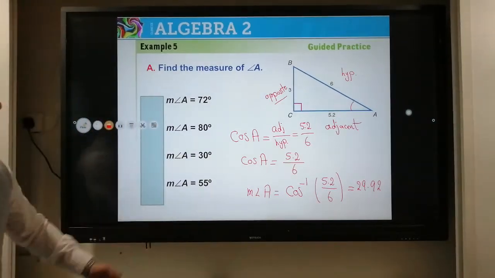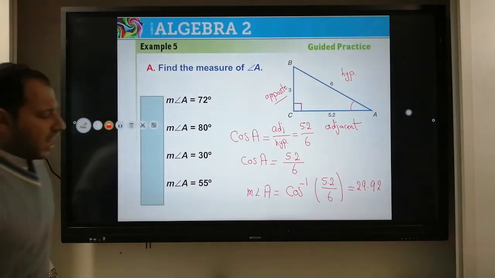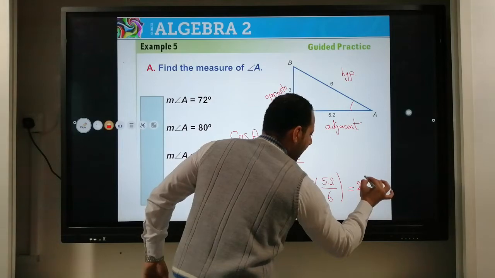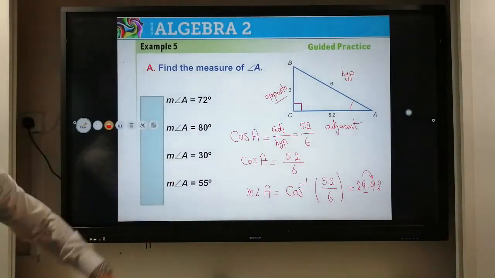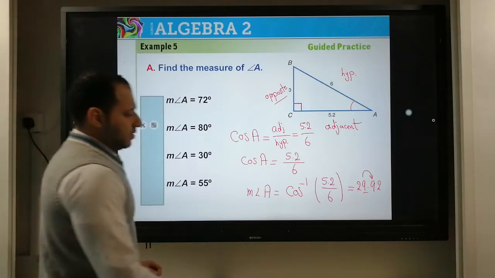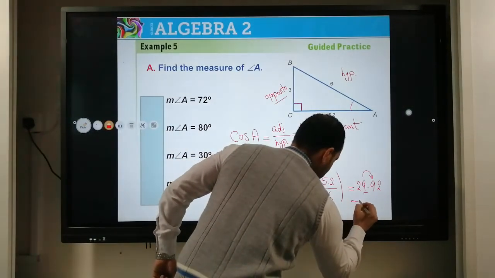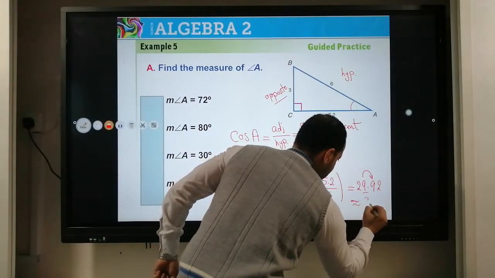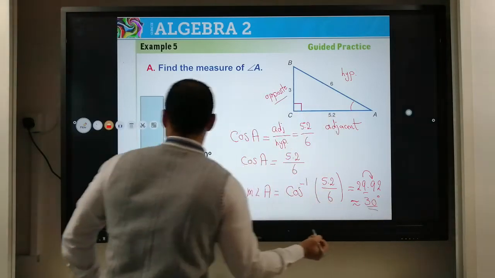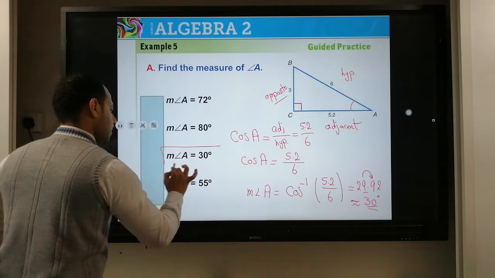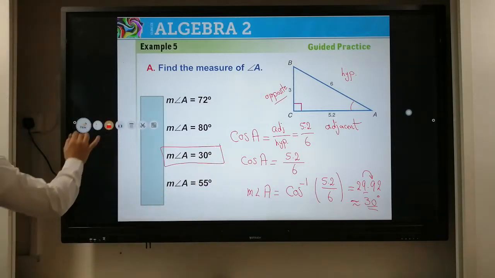Approximate to the nearest degree. It means I stand here at the whole number and go to 9. 9 is strong. It gives 9, another one becomes 30. So by approximation, it's equal to 30 degrees. So we can choose our answer.